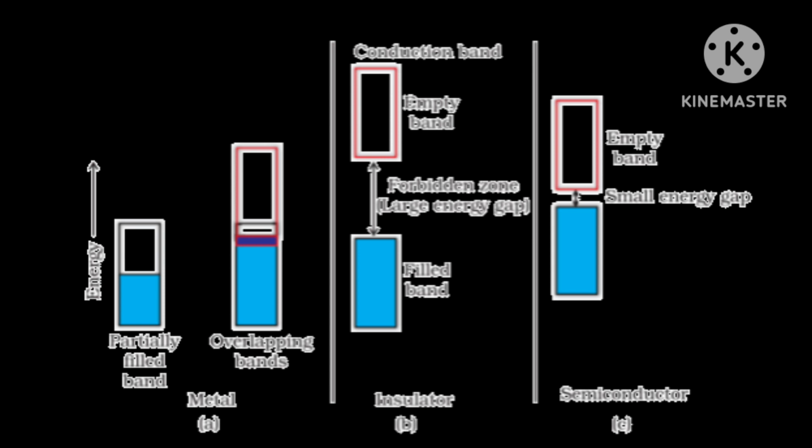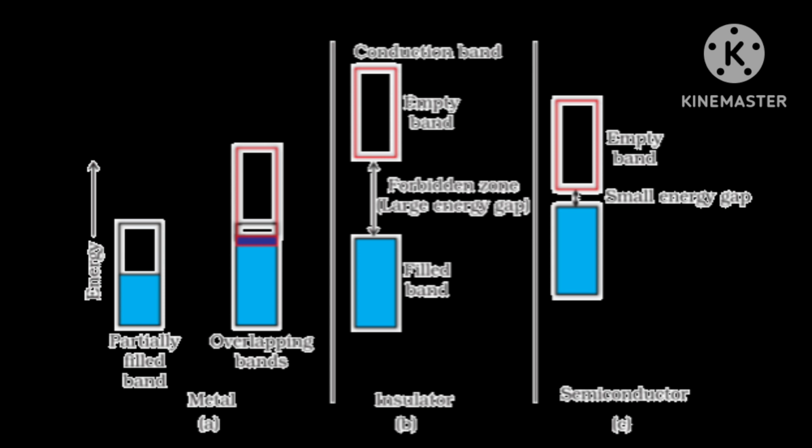When we dissolve electrolytes like NaCl, KCl, they conduct electricity because they have positive and negative charges.